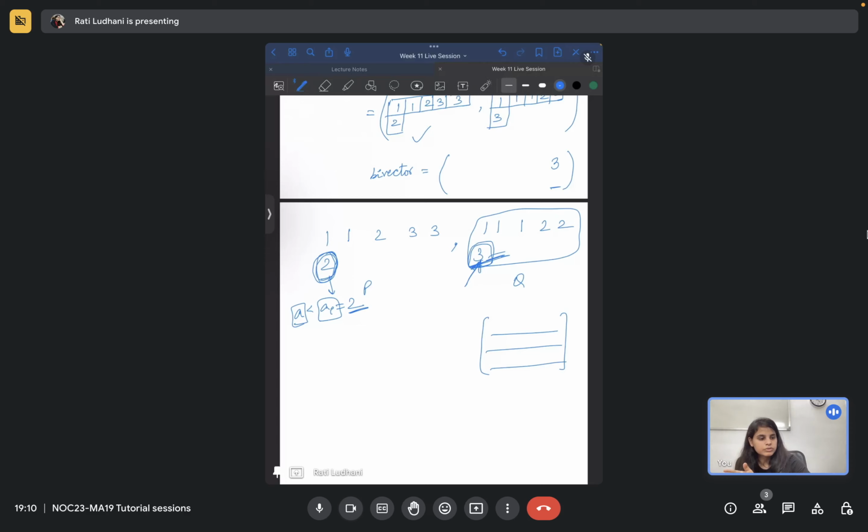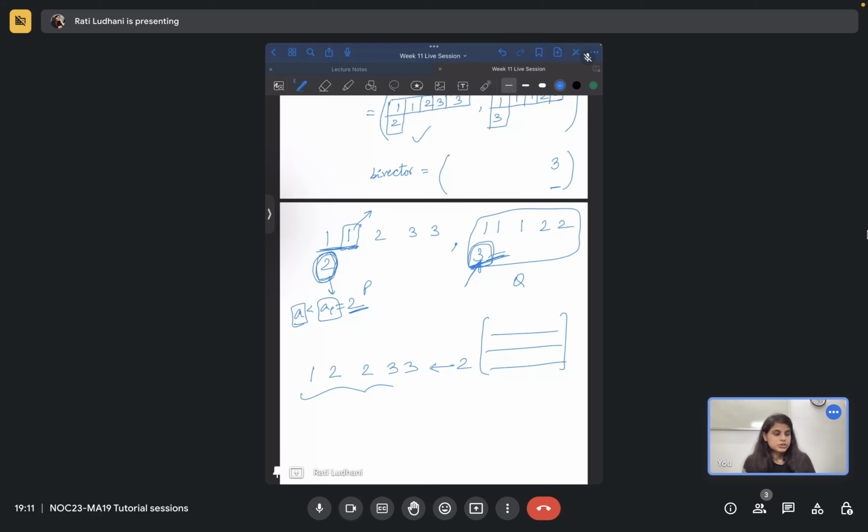So these are the numbers which are less than this 2. So you will consider the biggest place where it is. So this is this one. So you must have 2 here, and you must have inserted 2. So this must be the previous step. Is that clear? Okay.